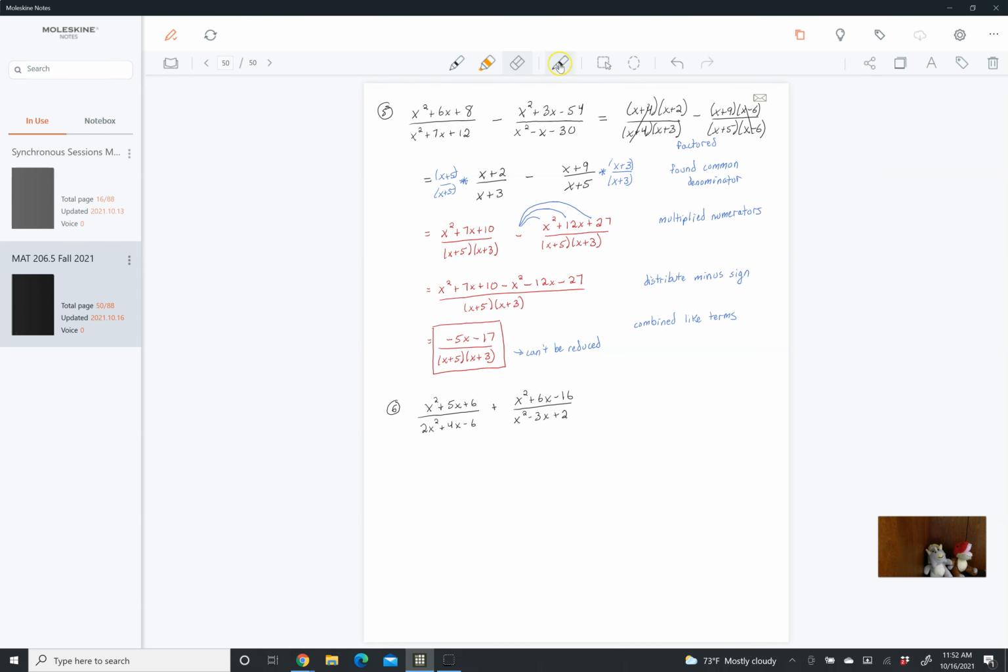Okay, and a quick note here. The idea is to factor first. Notice this is a quadratic. You can factor this quadratic however you want, but if every single term has something in common, I do encourage you to pull it out first and say, okay, well then this is 2 times x squared plus 2x minus 3.